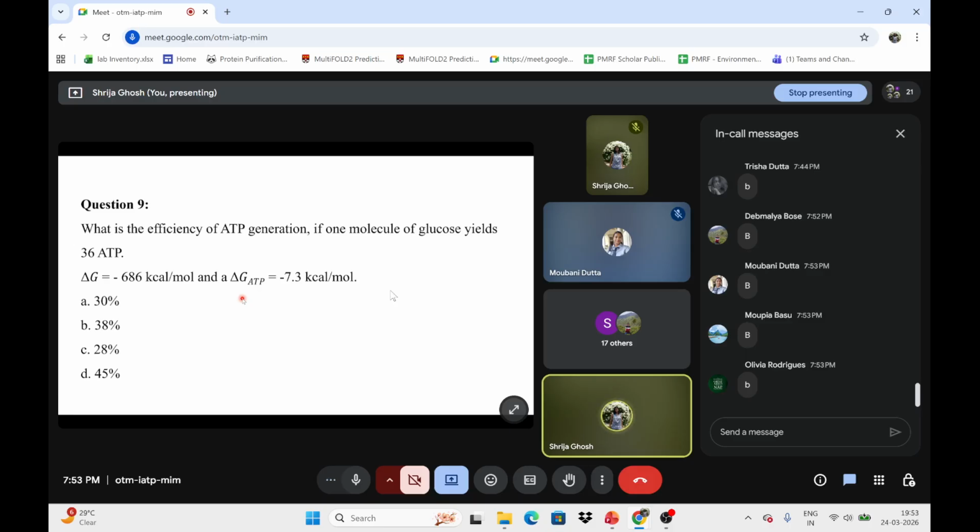I can see some of you are doing the calculation. Some of you have done the calculation and you have answered option B. Anyone else has done?